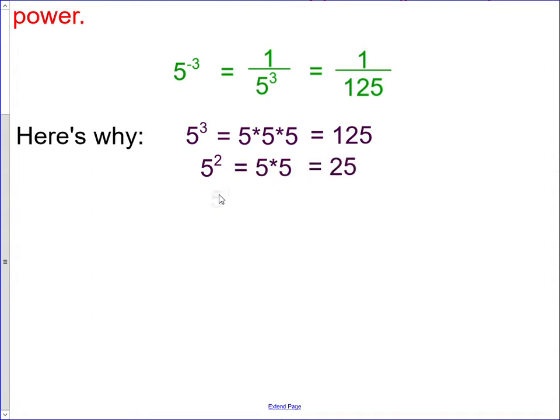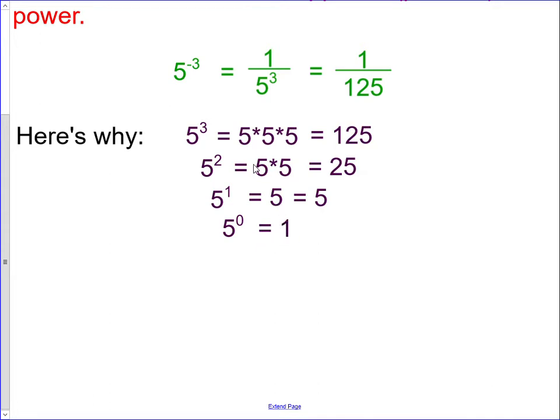If we go with 5 to the first power, we know that means that 5 is only used as a factor once, so 5 to the first power is equal to 5. We've proven already that 5 to the 0 power, or any number to the 0 power for that matter of fact, is equal to 1.